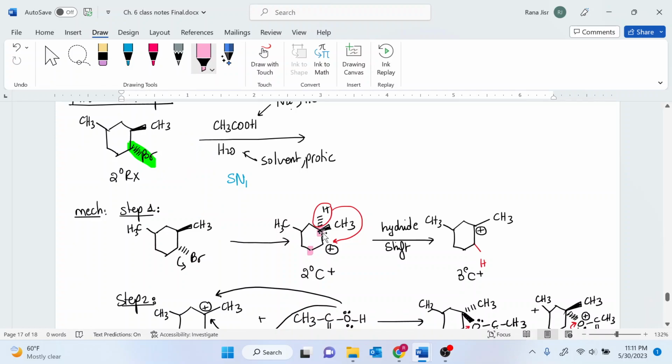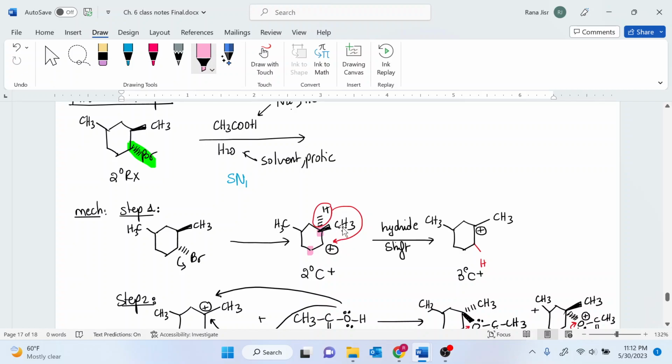So if you look at the adjacent carbons, move the plus charge. If you move the plus charge here, you're still going to end up getting a secondary carbocation. But if you move the plus charge here, you're going to end up getting a tertiary carbocation. So you can go ahead and move it over here by doing a hydrogen shift. You don't do a methyl shift. You have two options here, either moving a hydrogen or moving a CH3.